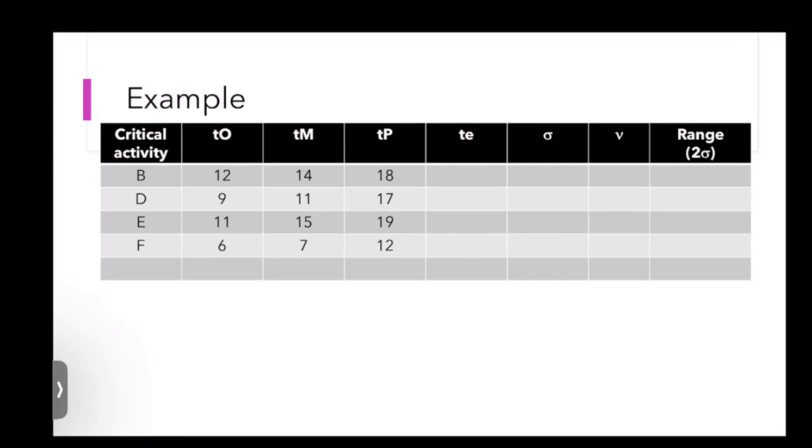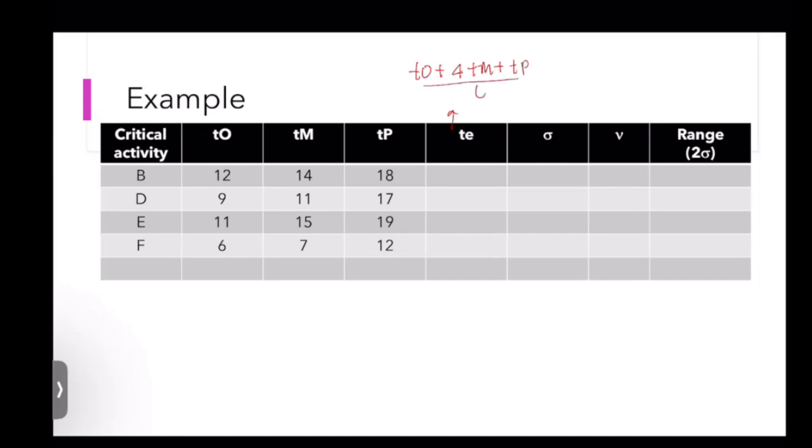What we have to do is calculate the expected time. For the expected time, the formula is TO plus 4TM plus TP, divided by 6.